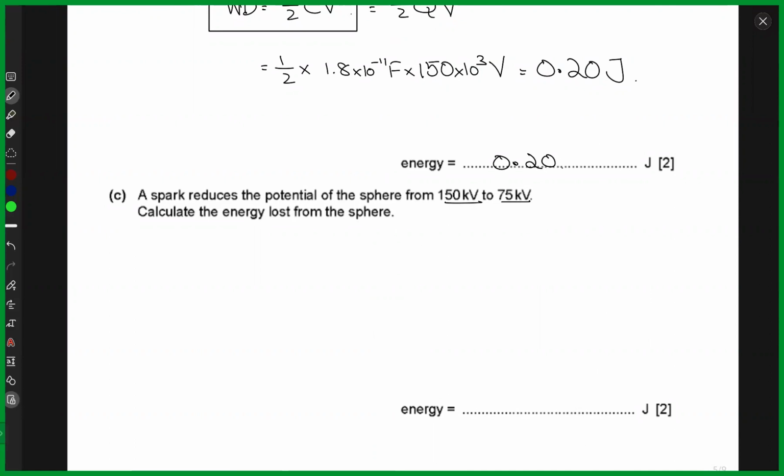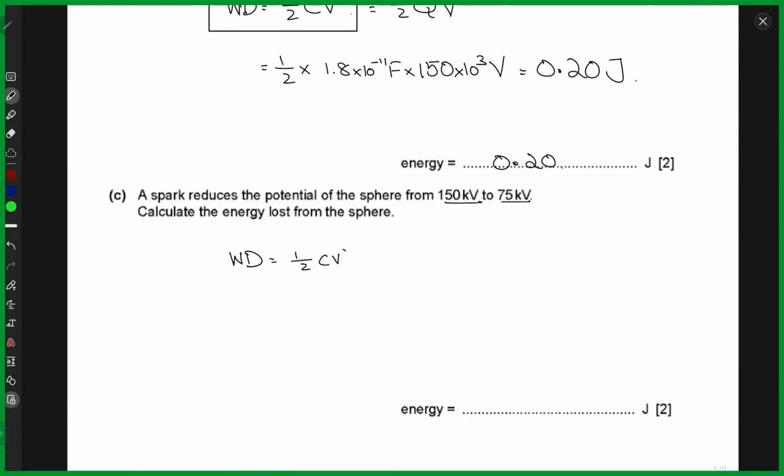Those charges are gone, so that part of energy is gone from the capacitance, and it should lose some energy. We want to figure out that loss in energy, which can be figured out by simply using that work done is half CV squared.